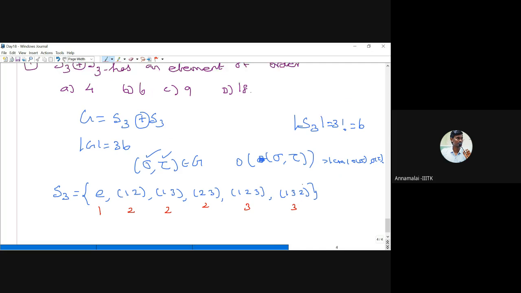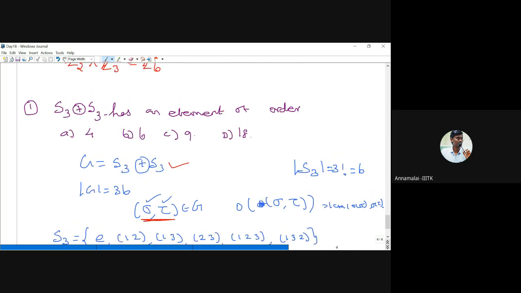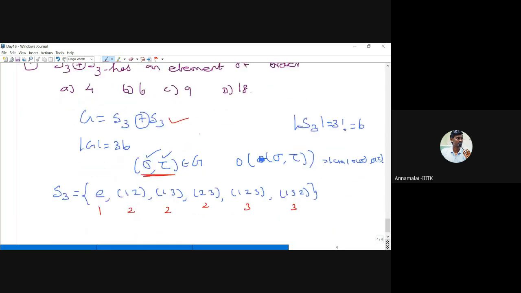Now, if we consider G, S3 direct product S3, every element is an ordered pair. The question is: S3 direct product S3 has an element of order what? That means what is the maximum possible order?